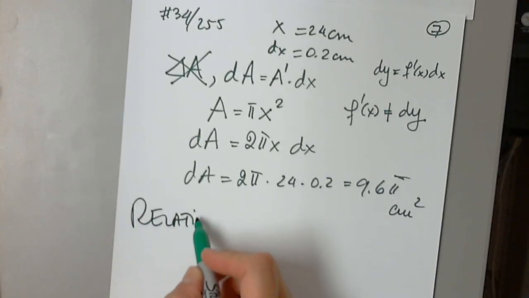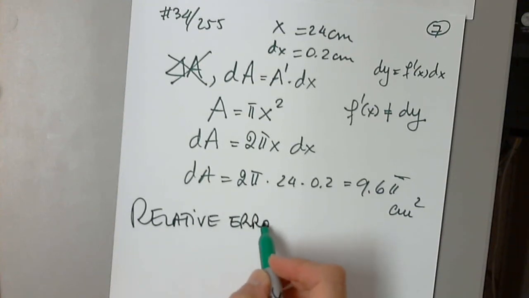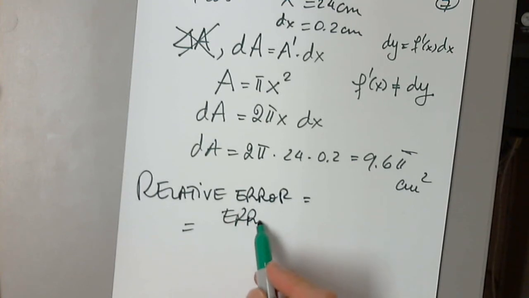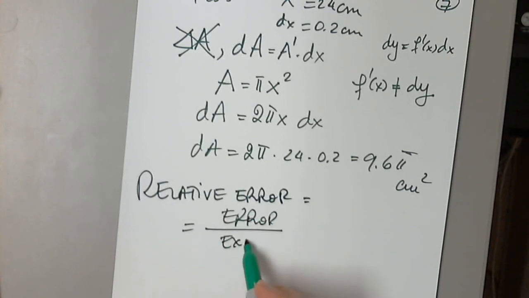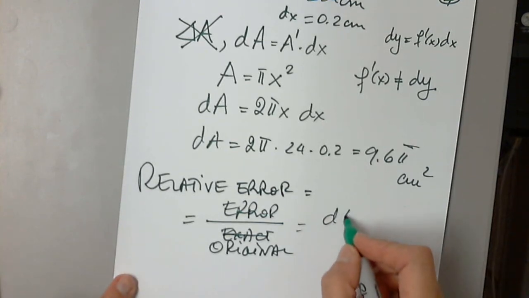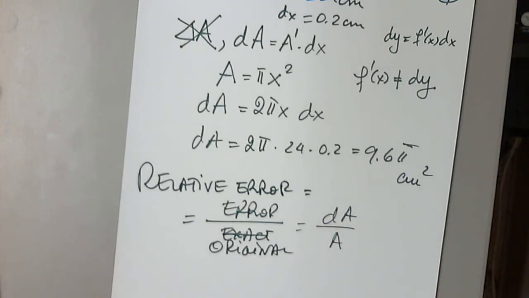Relative error is the error over the original, which means dA over A. A is the original, the function itself in other words, and the error is dA.